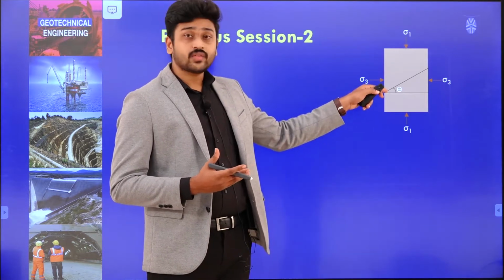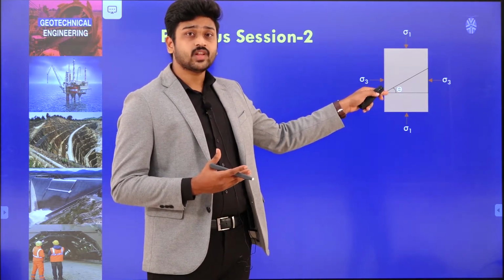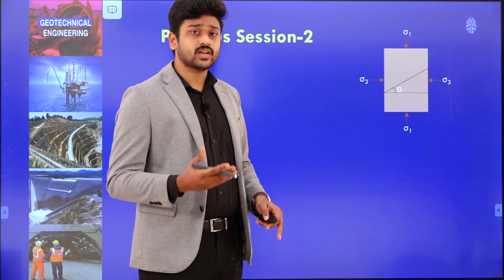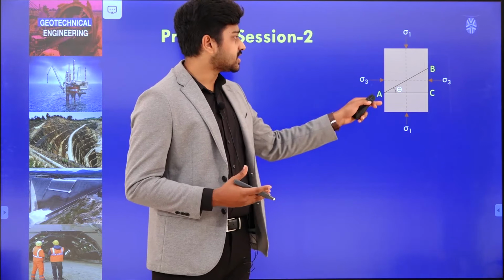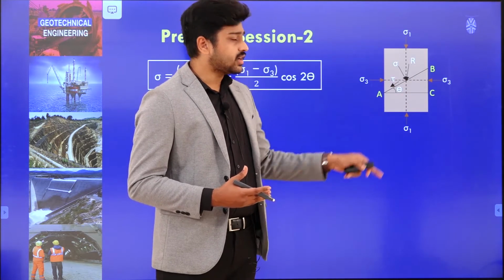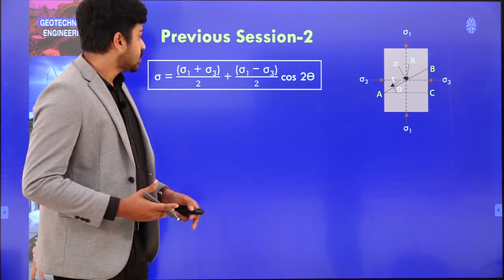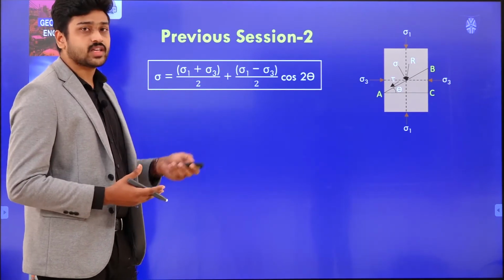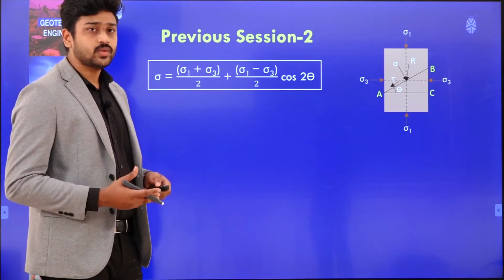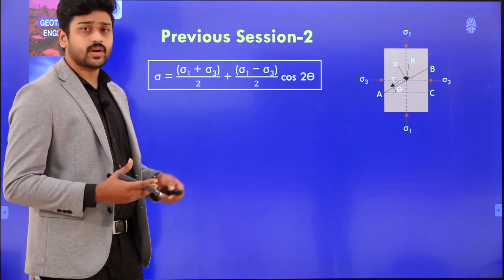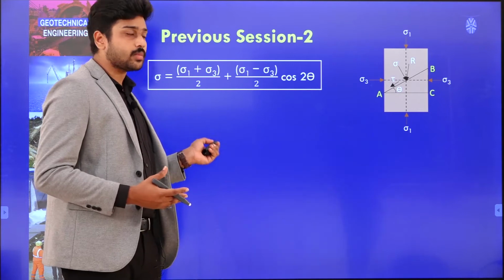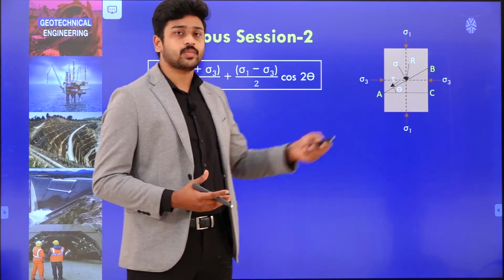For this failure plane we obtain the sigma and tau, that is, the normal stress and shear stress, denoted with a particular wedge. For this case, sigma is equal to (sigma 1 plus sigma 3) by 2 plus (sigma 1 minus sigma 3) by 2 into cos 2 theta. This is how we obtain the normal stress on this failure plane.